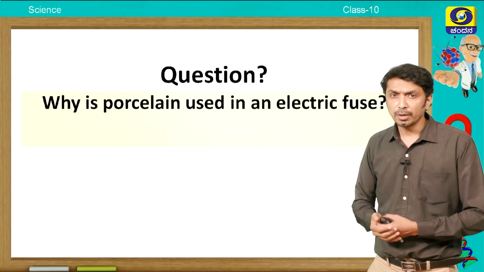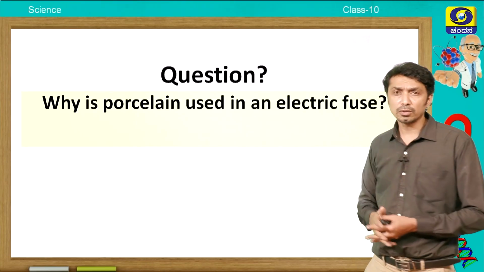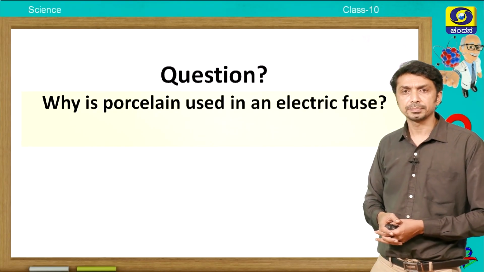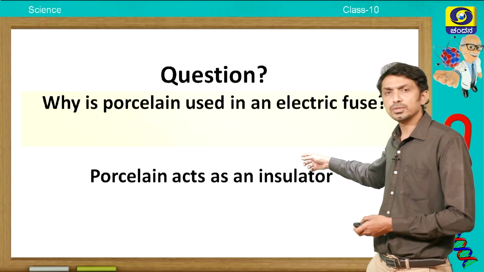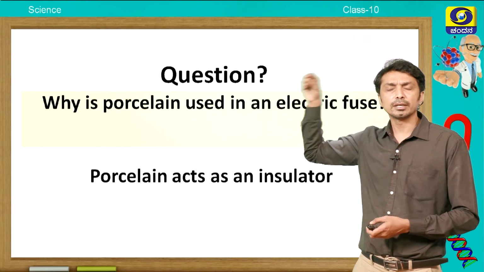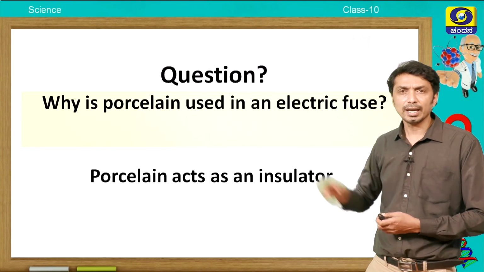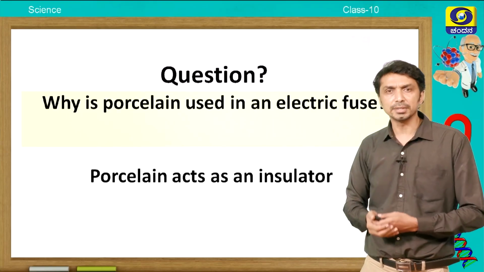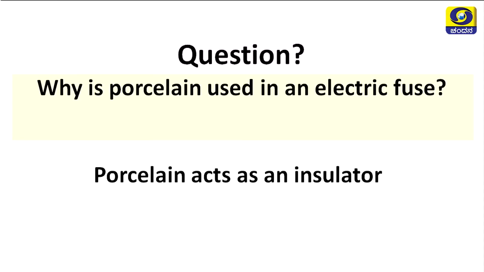Now the question, why is porcelain used around the fuse wire? Yes, children, you are right. It is acting as an insulator so that we can use that for having a grip of the fuse and making a proper connection. Insulator avoids the flow of electrical current and avoids the shock.